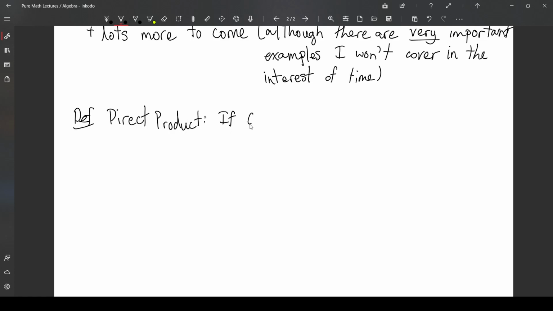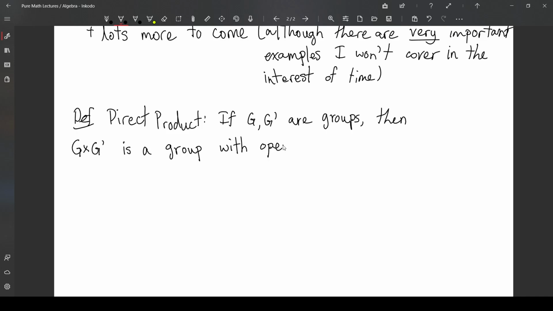If G and G prime are groups, then I can make the Cartesian product G times G prime into a group with operation.